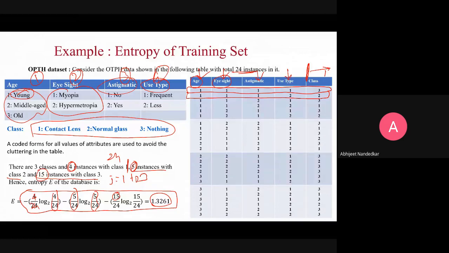If you calculate this, it will be 1.3261.